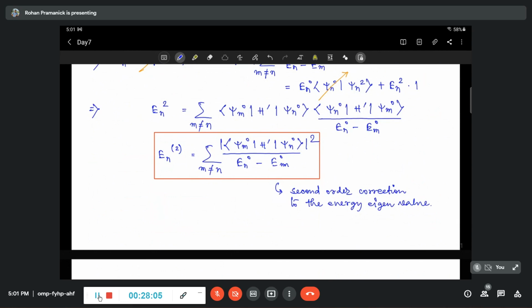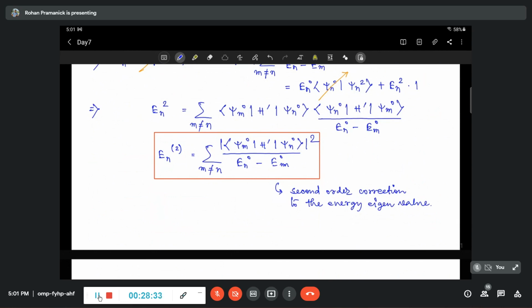In this case, the sum goes from m equals 1 up to infinity, because there are infinite eigenstates, but excluding n. So to find the second order correction to the energy eigenvalue, you have to do this integration and sum over an infinite number of terms, which is practically impossible.